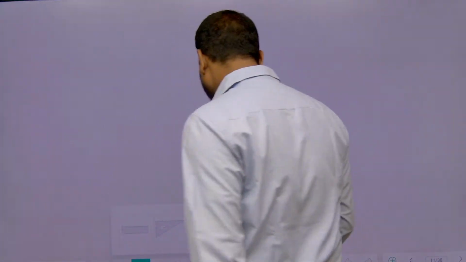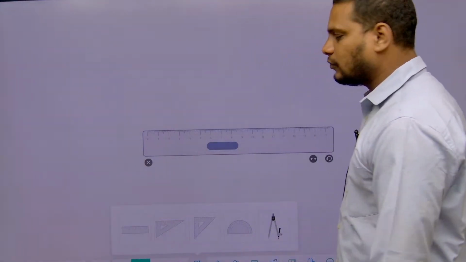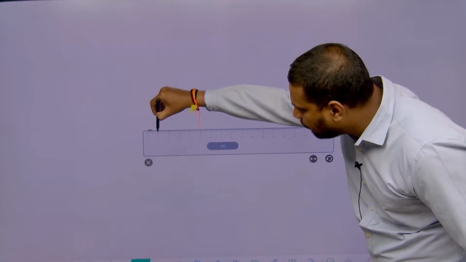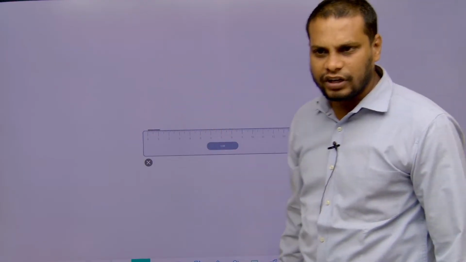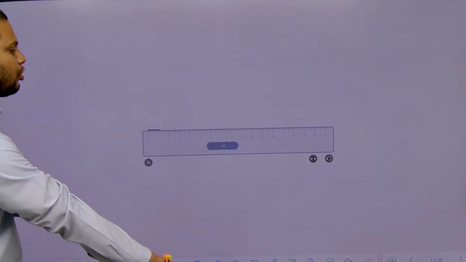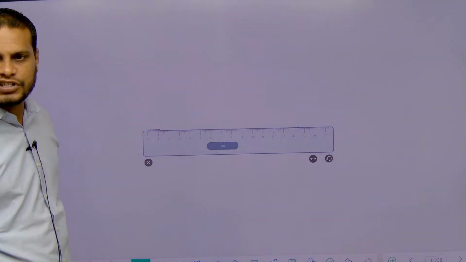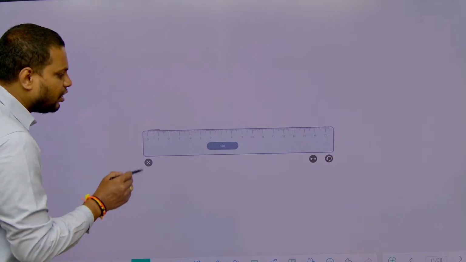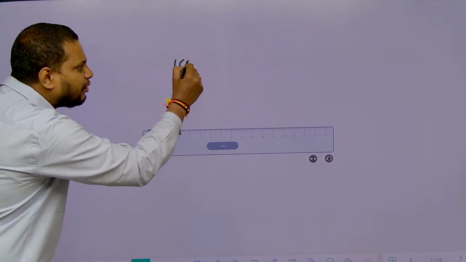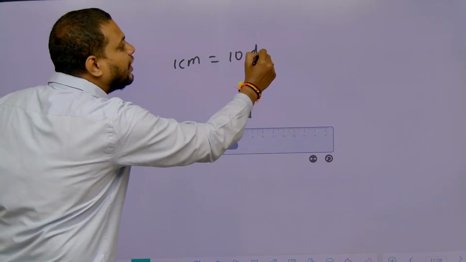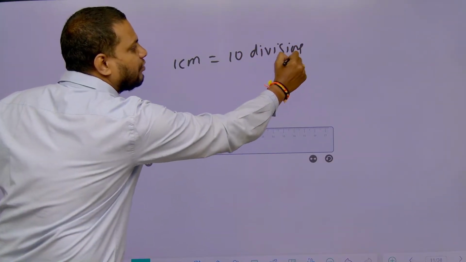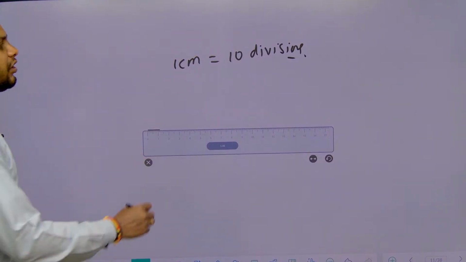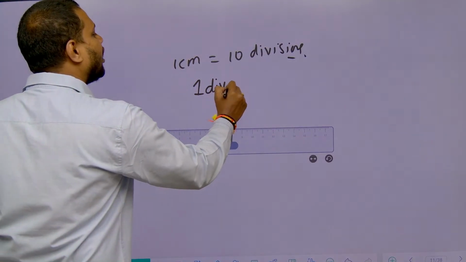See, this is the normal scale. Now in this scale, from here to here, this is 1 centimeter. In this 1 centimeter, in total how many divisions are there? Then what is the value of one division?